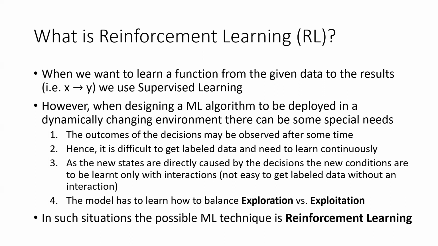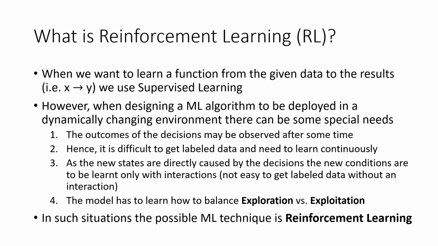And the other reason is that your payoff or your feedback, your reinforcement, either positive or negative, is dependent on your action, right? So that means you take a certain action, and in the next time step, after that particular action, you will get some reward or punishment, right?